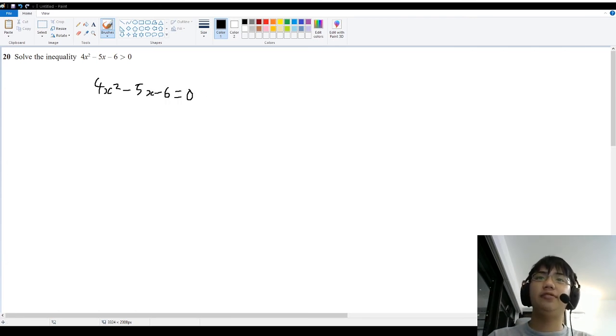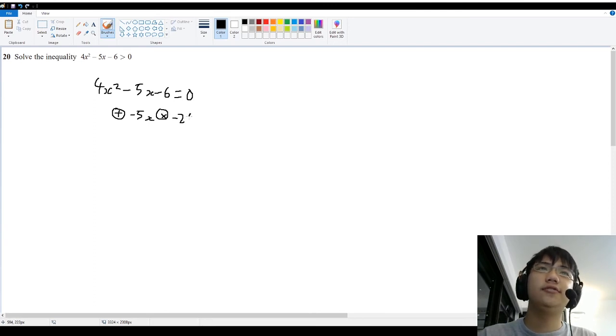Using the same method for factorization I used in question 18, we need two numbers that add to minus 5x and multiply to minus 24x squared. Yeah, minus 5x and minus 24x.